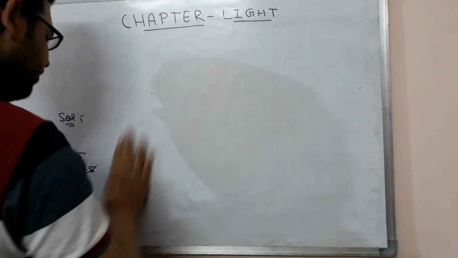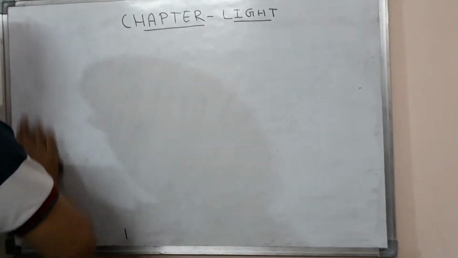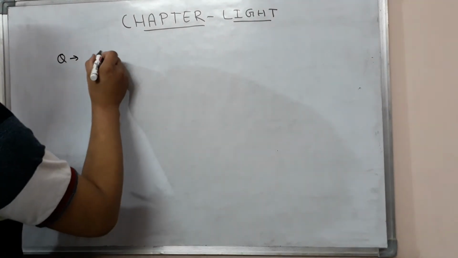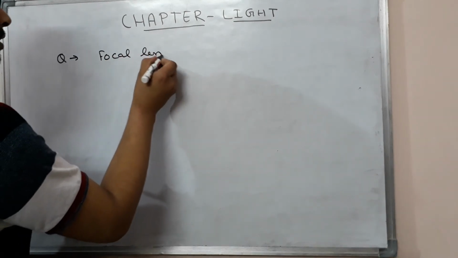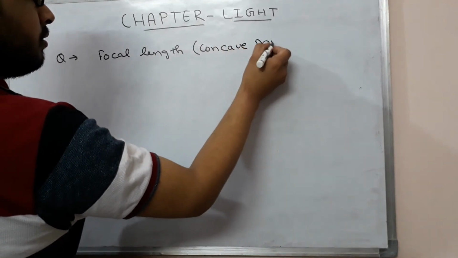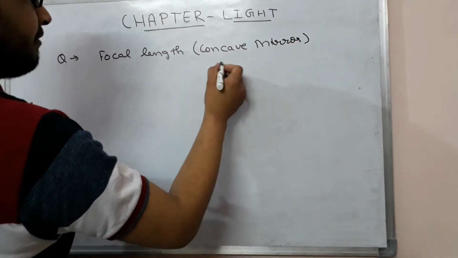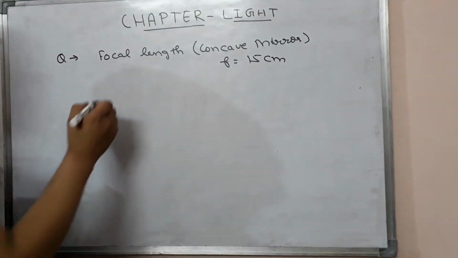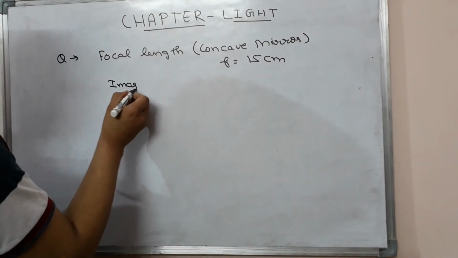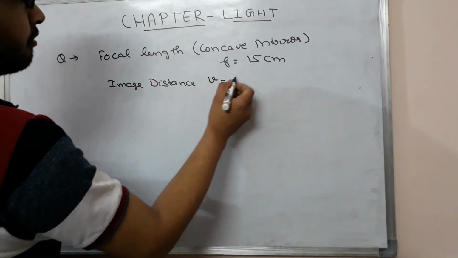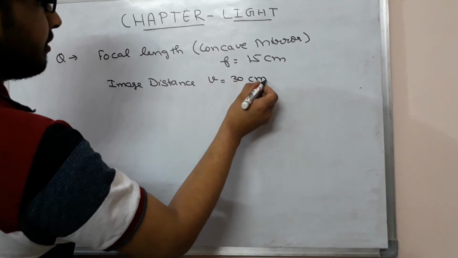Now we will do one question of the concave mirror. Suppose we have been given a concave mirror whose focal length f is equal to 15 centimeter, and the image distance given is v is equal to 30 centimeter.